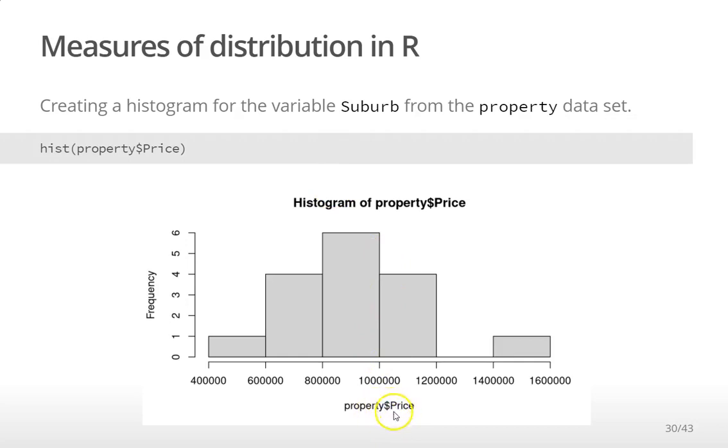The first reason is this title, which appeared by default. I didn't include anything, but what appeared by default doesn't make me happy. It says property$price, taken from here. I don't like this. I also don't like this title, and I'm going to change them step by step.